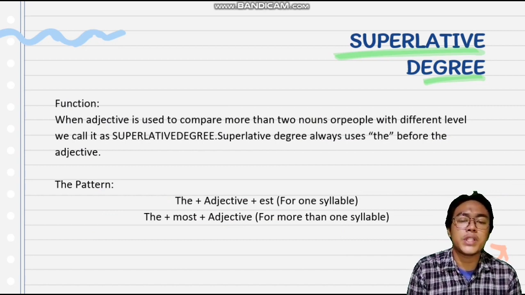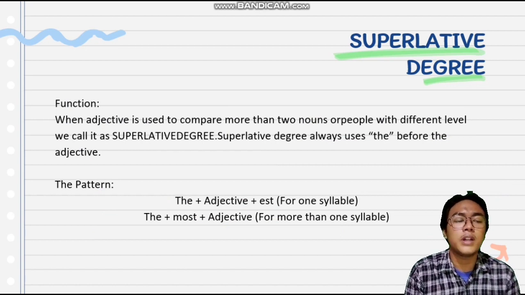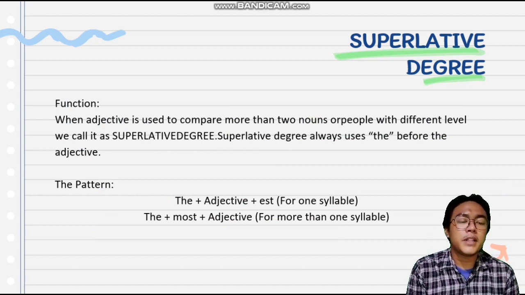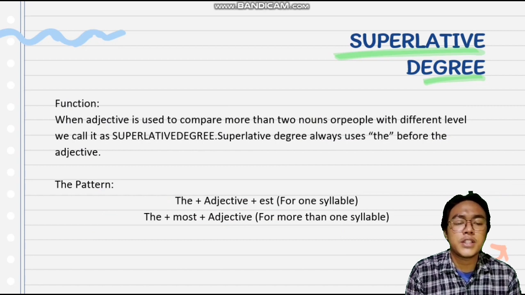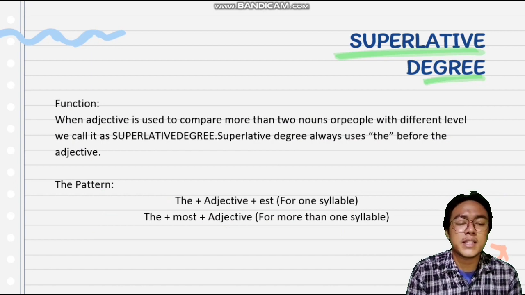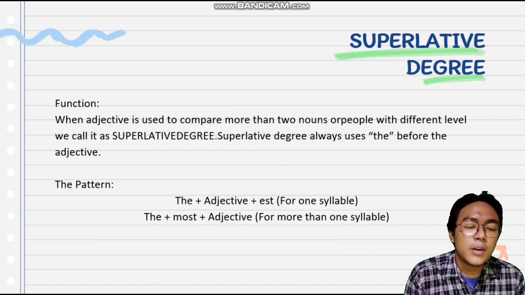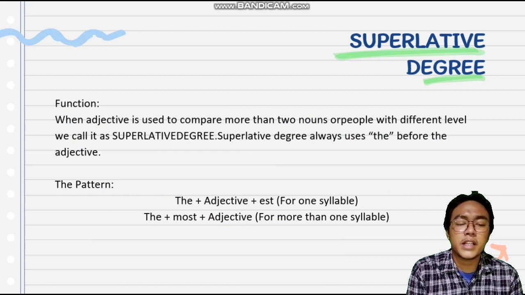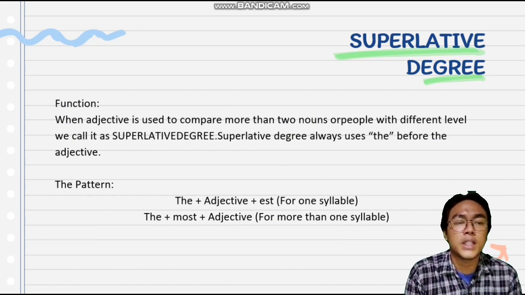Superlative degree always uses the before the adjective. The pattern is the plus adjective plus est for one syllable. And the second one is the plus most plus adjective for more than one syllable.